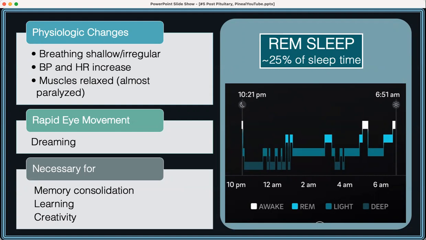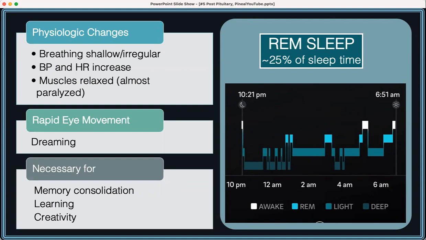But there's still a lot of rapid eye movement going on. This is an extremely important period for memory consolidation, learning, creativity. So you keep replaying all the lessons you learned the day before, all the experiences that you've had.